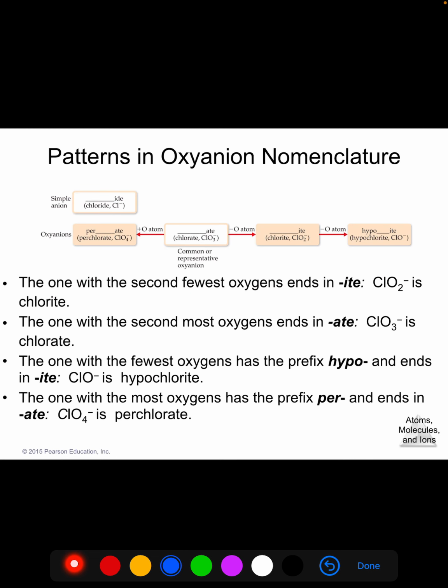But the one with the most oxygens tends to end in ate. That was how they named them. And then they discovered other forms that had more. Not all of them have a form with more, but then we add per.